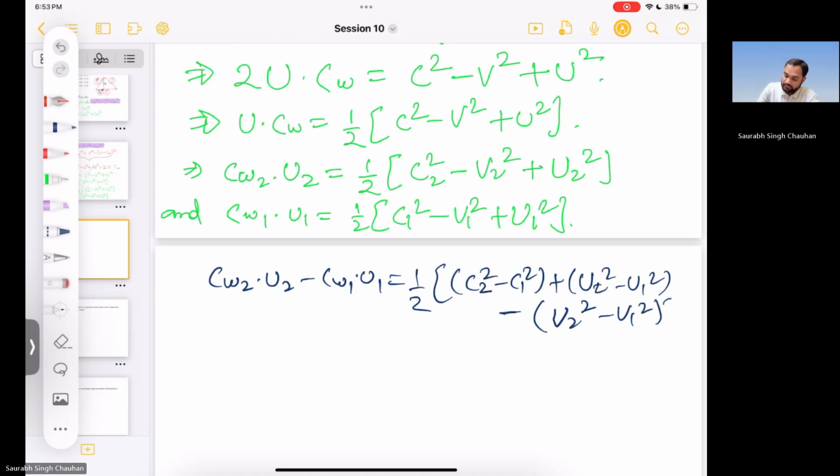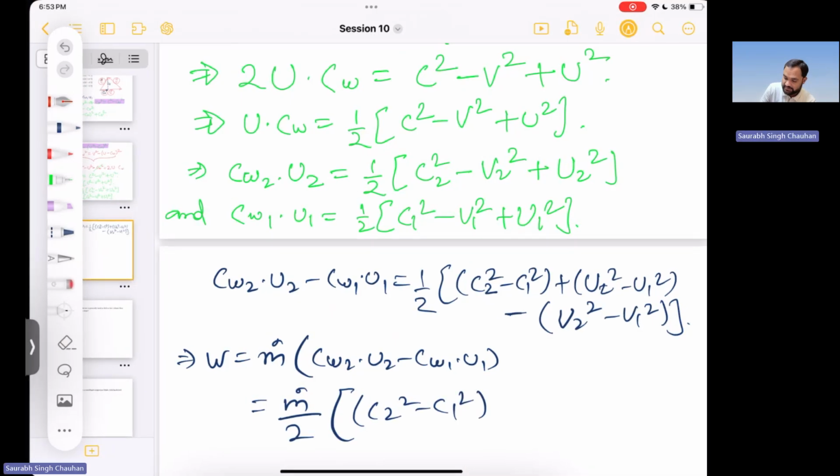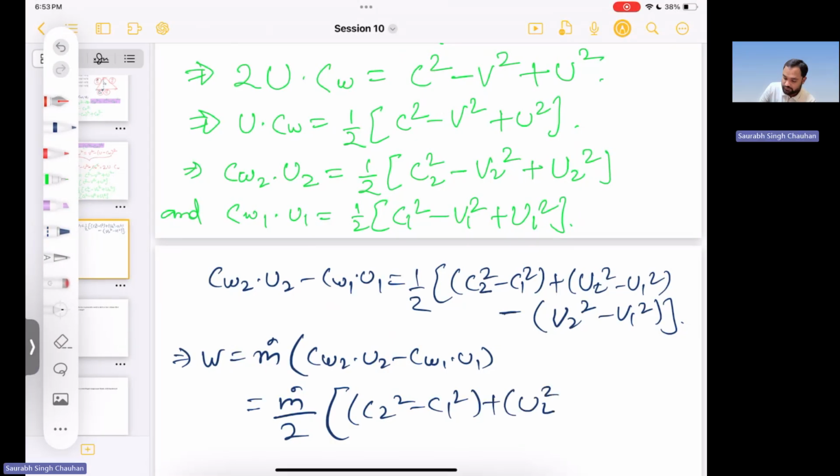And work is basically mass times CW2 U2 minus CW1 U1, so we just need to multiply by the mass flow rate. Okay, so this is the equation.